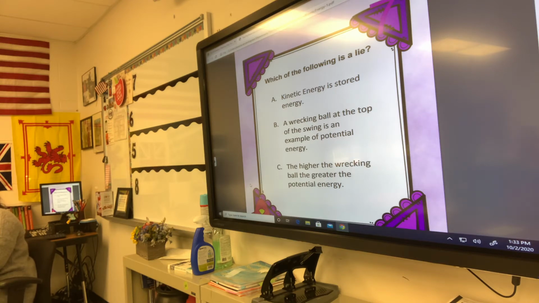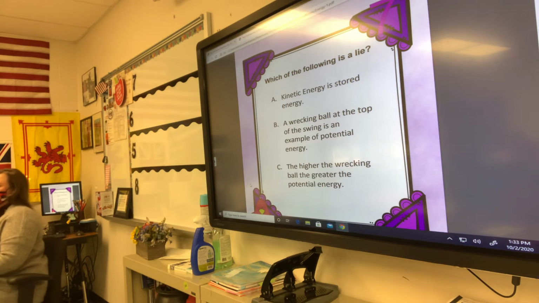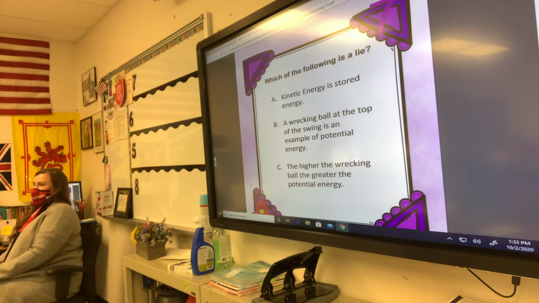C, the higher the wrecking ball, the greater the potential energy. Ready? You know in a second. Okay.